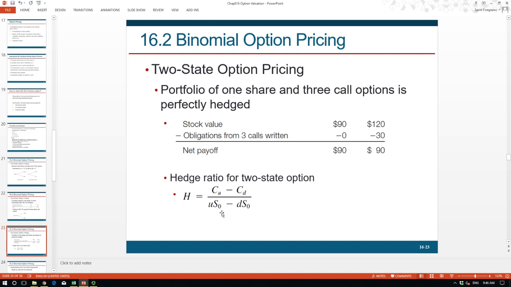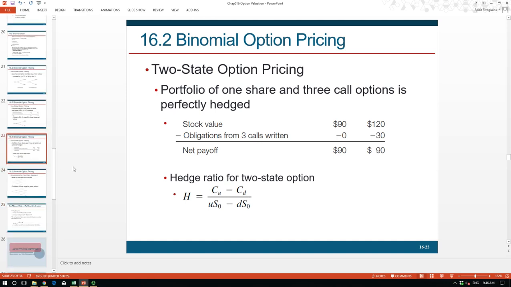So US0 is when the stock price goes up to 120, and this DS0 is 90, right? And the CU is the call option payoff when it goes up, that is $30, and the CD is 0. So this hedge ratio will tell you the ratio of stock and option in that dynamic hedging portfolio, and you will see the answer is equal to 3. That is what you can see in the textbook.